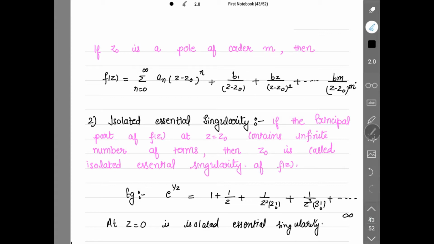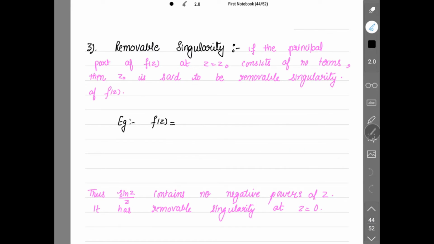Alright, next, removable singularity. Third is, if the principal part of f(z) at z equal to z0 consists of no terms, then z0 is said to be a removable singularity of f(z). So I do not have any principal part term, right? There should be no term of the principal part, then we say that this singularity is removable.